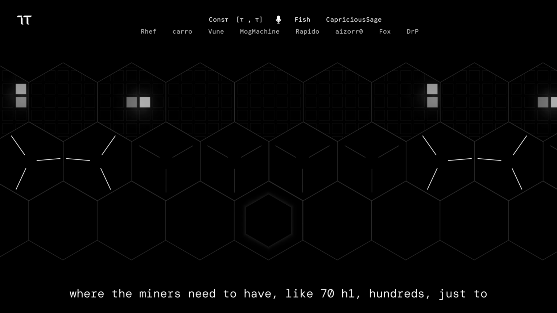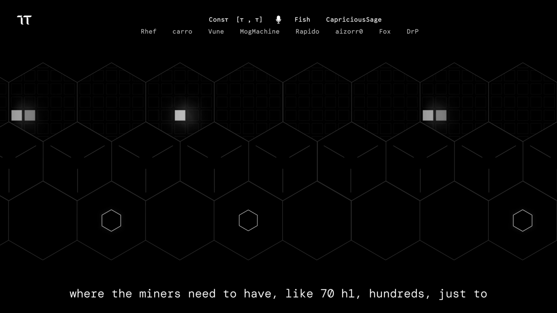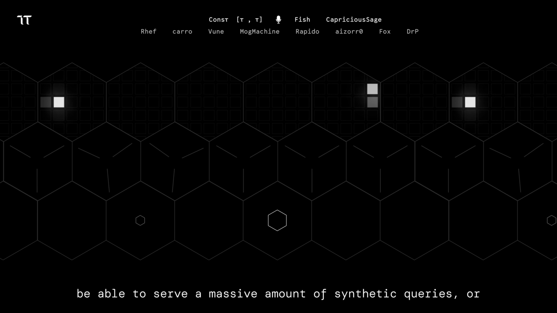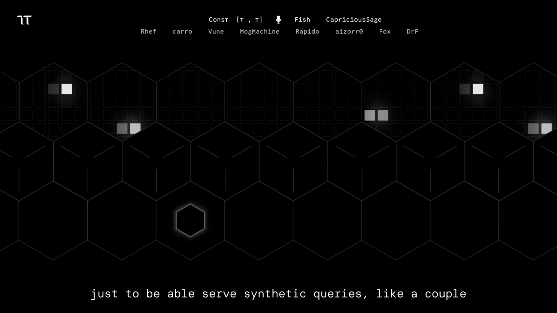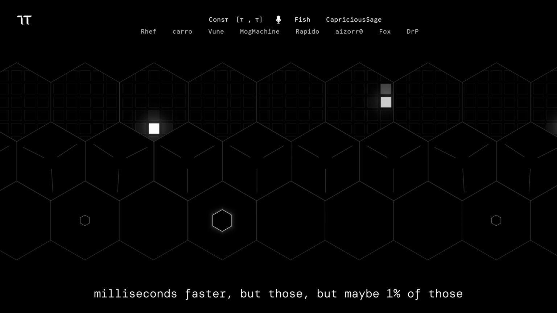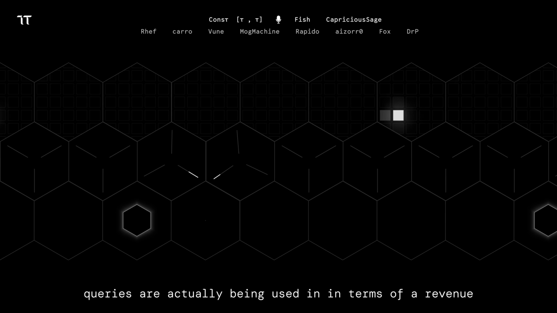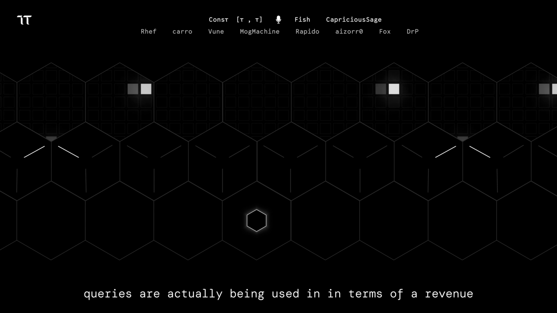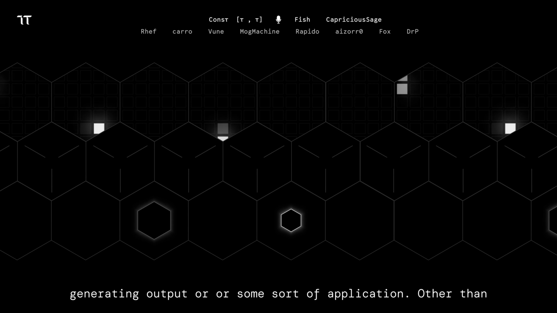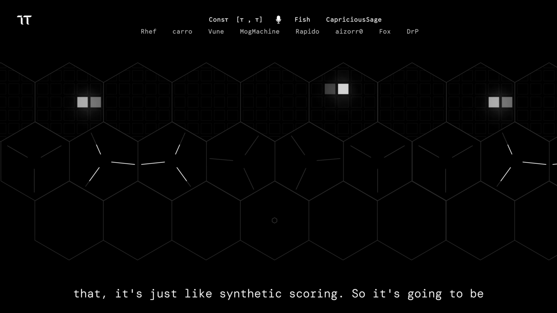But there the miners need to have like 70 H100s just to be able to serve a massive amount of synthetic queries, or just to be able to serve synthetic queries a couple milliseconds faster. But maybe 1% of those queries are actually being used in terms of a revenue generating output or some sort of application. Other than that, it's just synthetic scoring.